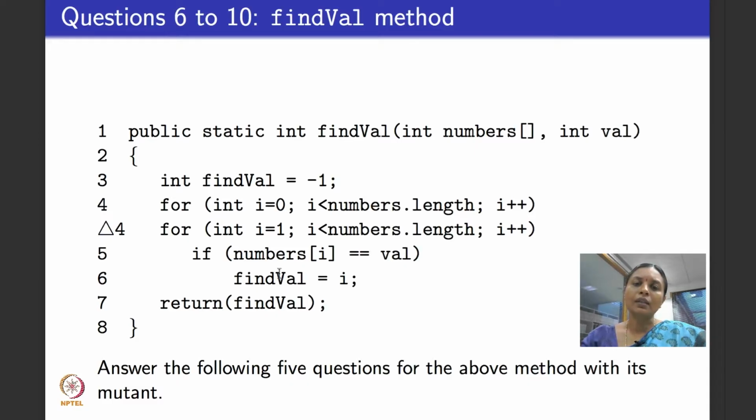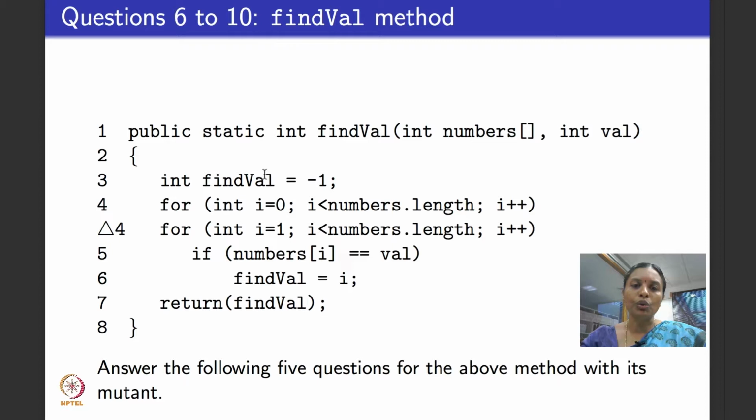And what does it ask per element in the array, numbers of i? Is it the same as val? If it is, then you change the index findVal to be that index of the array. Keep doing this. This will by default update the index if val is found again and again. And when it exits, the findVal that it returns will be the last occurrence. So that's the main method.